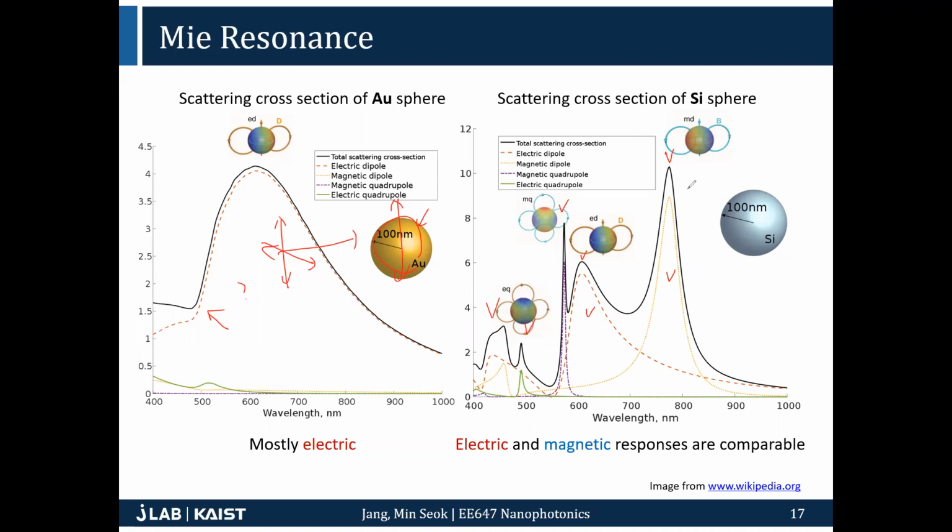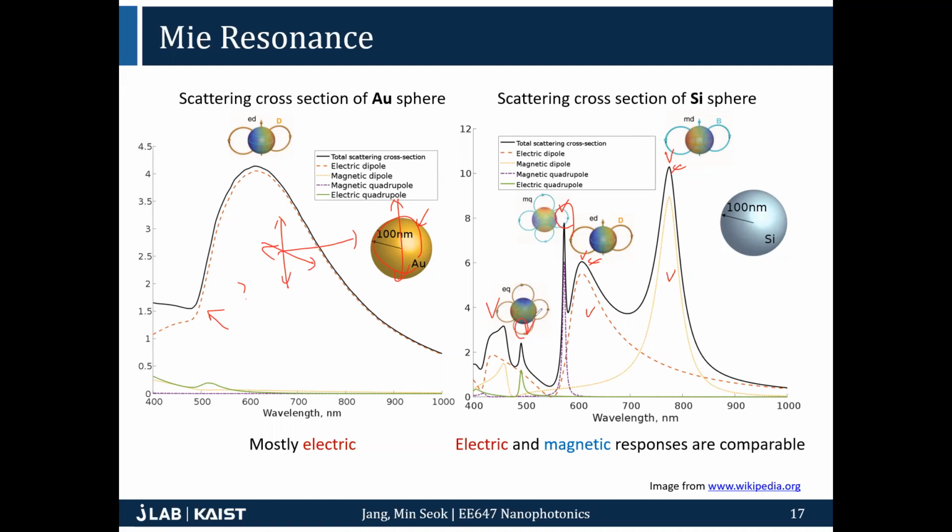And then you can associate each peak to different origins. So the first peak, the longest wavelength peak, can be associated to the magnetic dipole resonance. And then this one is the electric dipole resonance, magnetic quadrupole resonance, electric quadrupole resonance.